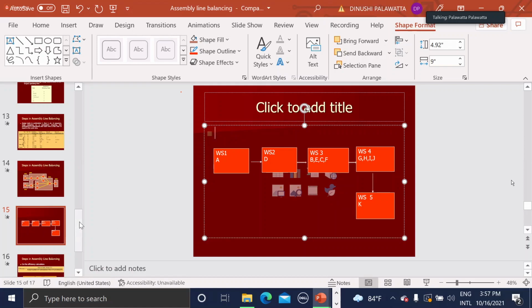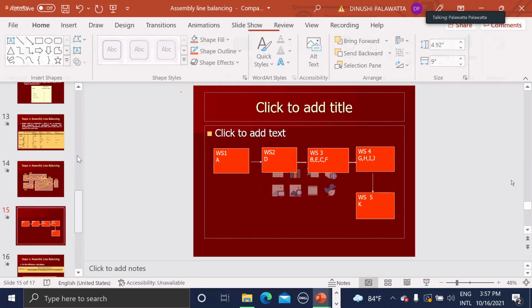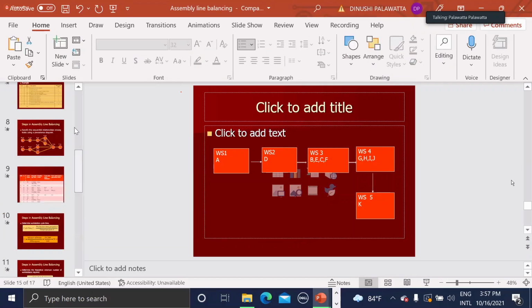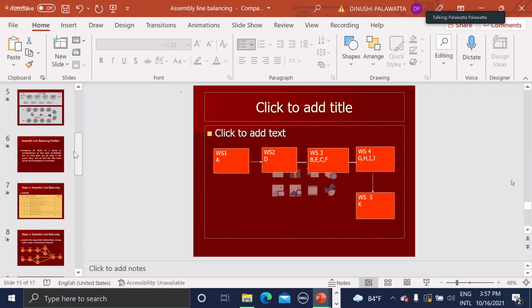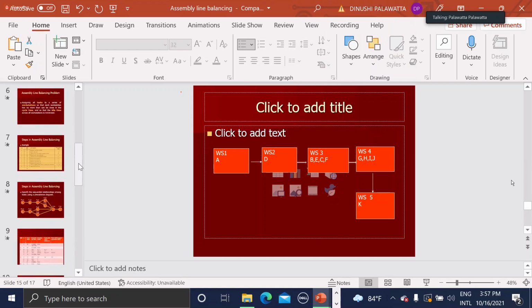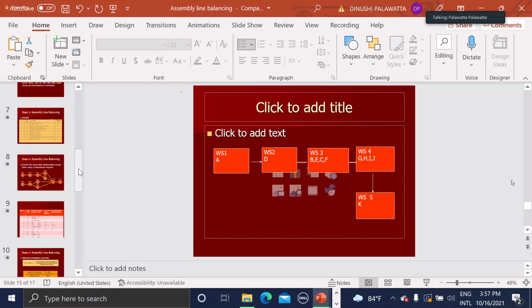So for example, if we look at these machines in the previous slides, in one workstation there's one man working with about 4 machines. Let's say 4 machines are 4 tasks, but one man is working on 4 tasks.